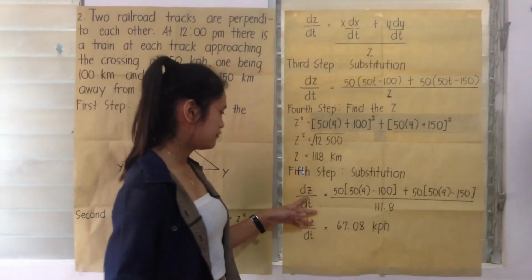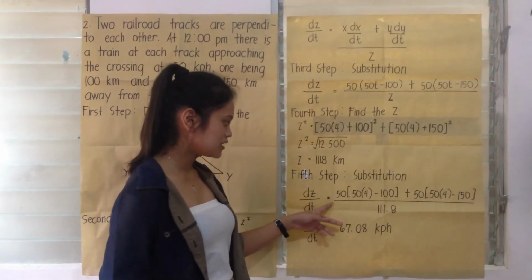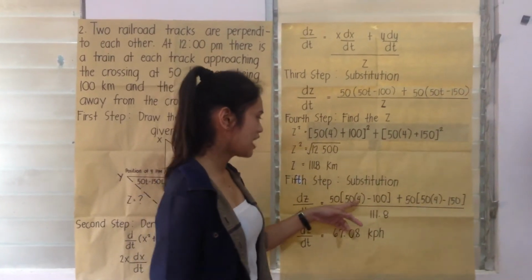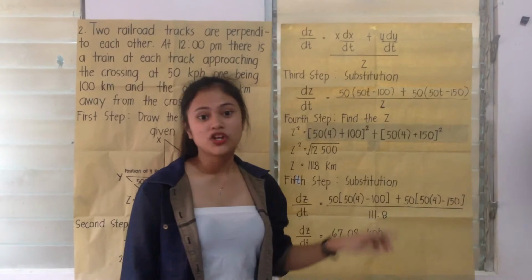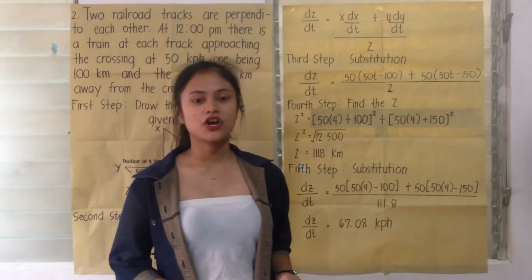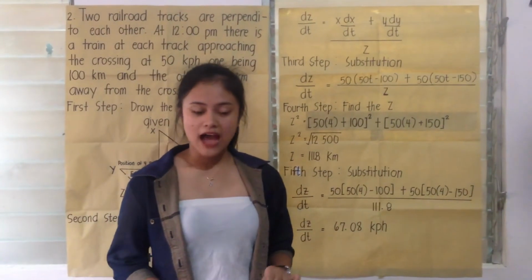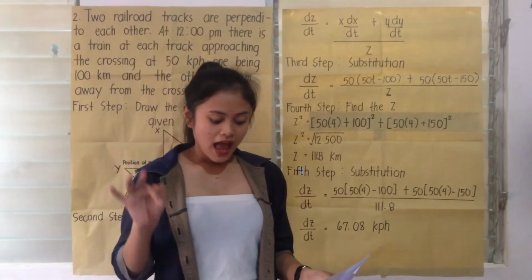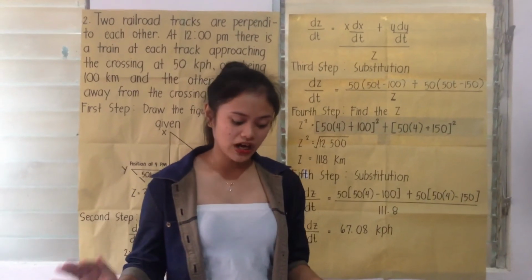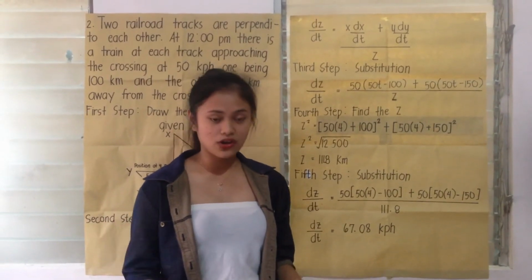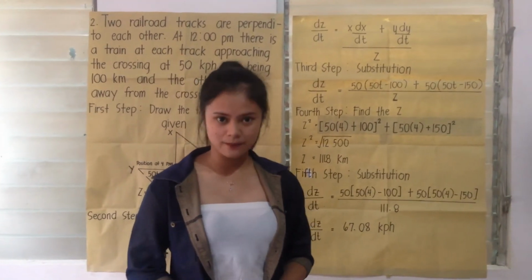So now we have dz over dt equals 50 times 50 times 4. This 4 is the time. Remember, it was 12 p.m. then. What they are looking for is how fast in kilometers per hour is the distance between two trains changing at 4 p.m. Right?